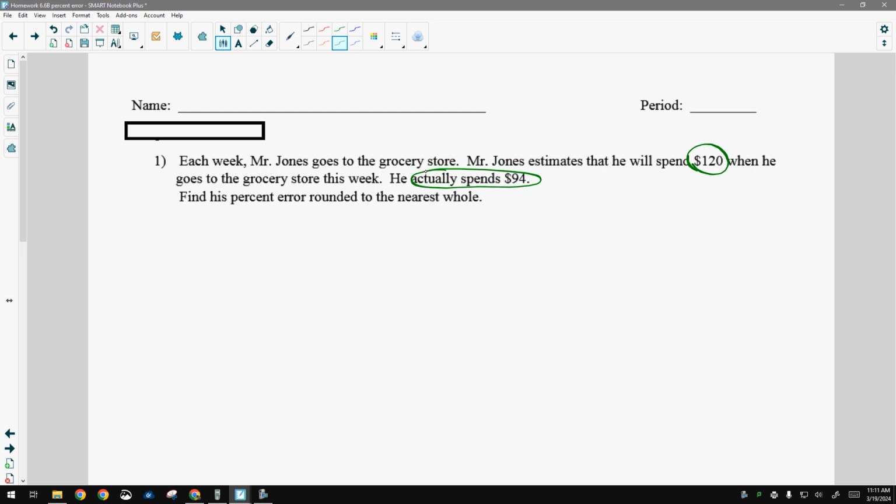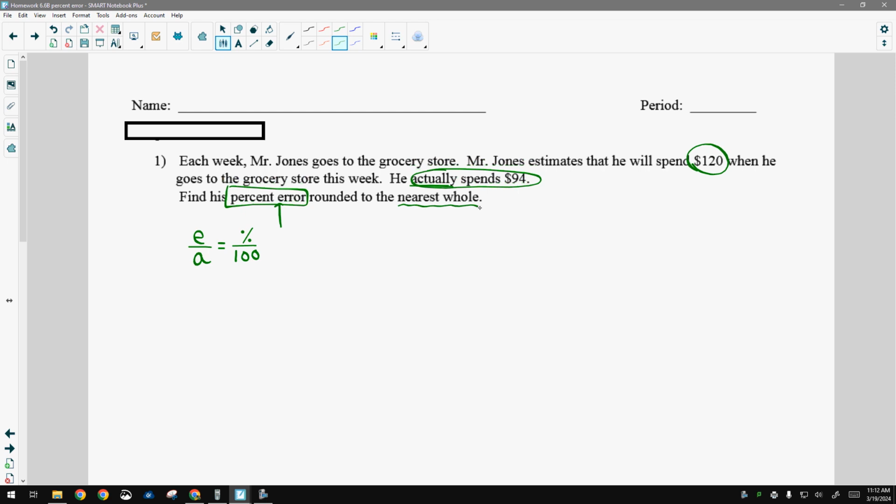The question is to find his percent error. As soon as I see that error with an E, I know my formula is E over A equals percent over 100. E is the error, A is the actual, which is why I need that number there. We're going to round to the nearest whole.